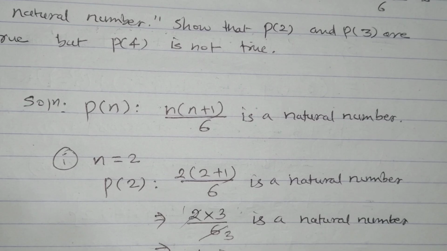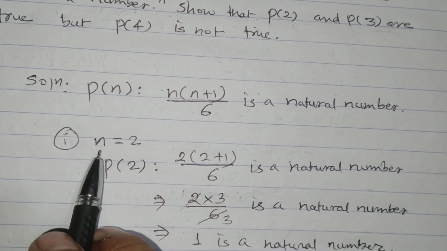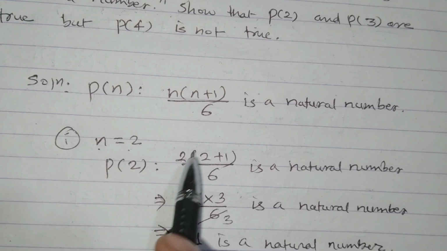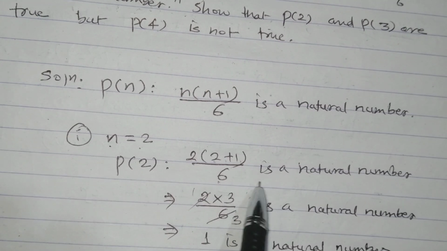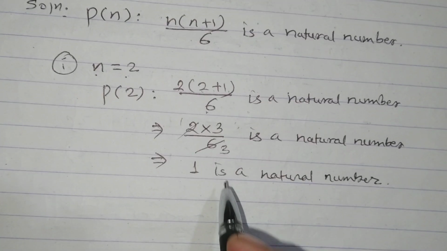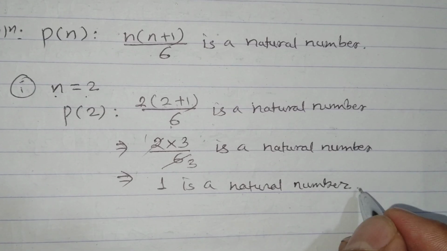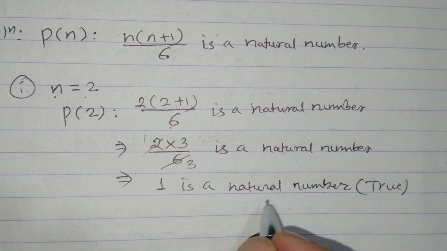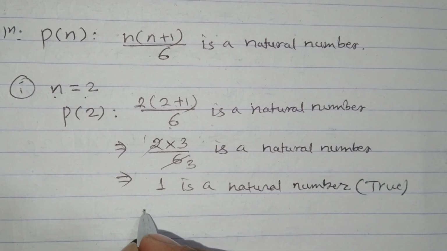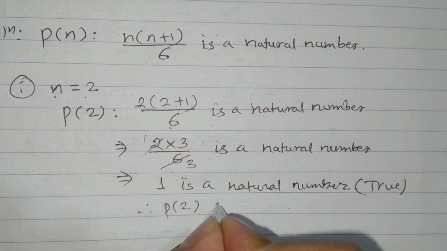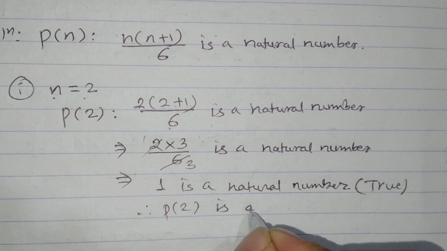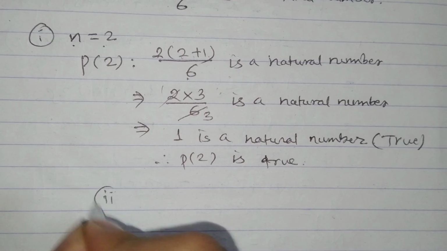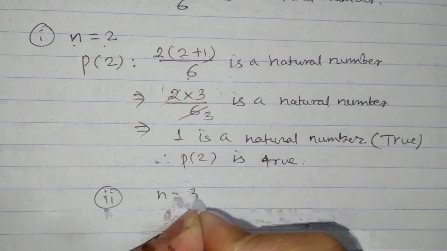So what we get in this case is n equals to 2. So 2 times 2 plus 1 by 6 is a natural number. So 1 is a natural number. So we found this as a true statement, because 1 is a natural number, and we can write this P2 is true.